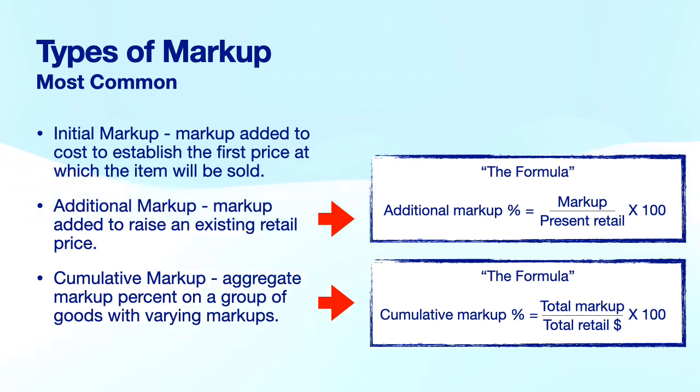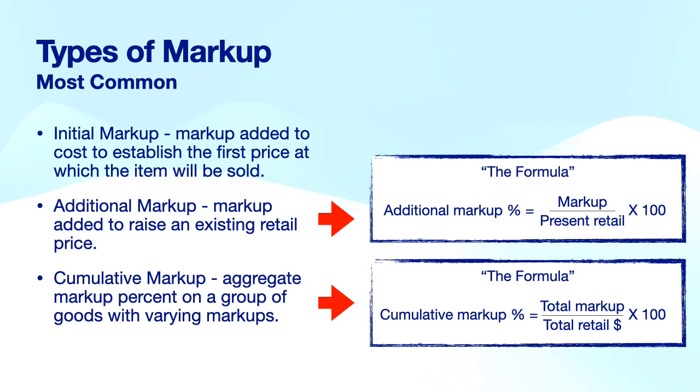Your additional markup is markup that is added to raise an existing retail price. Additional markup is expressed as a percentage. Your cumulative markup is an aggregate markup percentage on a group of goods with varying markups.